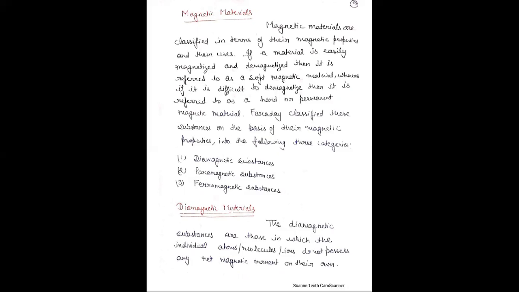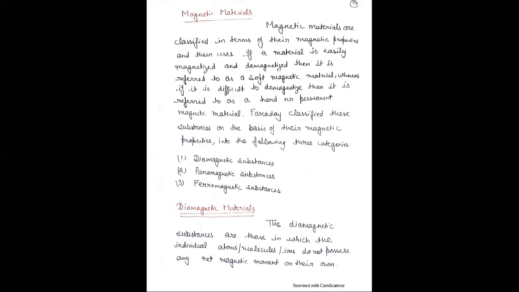Faraday classified these magnetic materials on the basis of their magnetic properties into the following 3 categories. The first is diamagnetic substances, the second is paramagnetic substances, and the third is ferromagnetic substances. First of all, diamagnetic materials. Diamagnetic substances are those in which the individual atoms, molecules, and ions do not possess any net magnetic moment on their own.